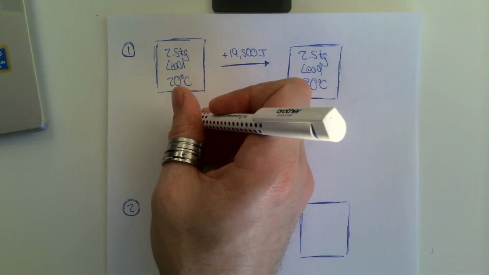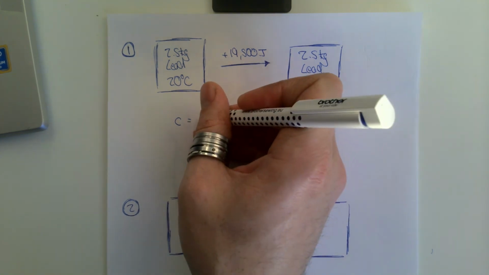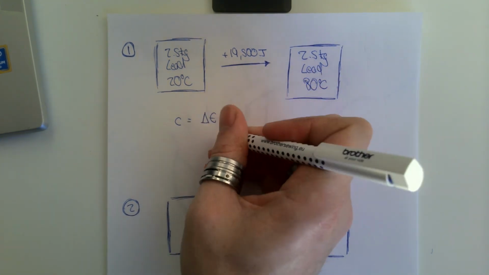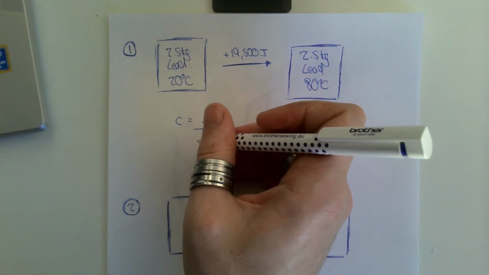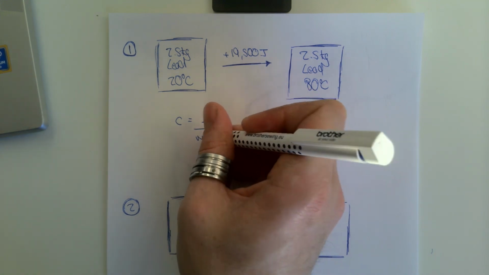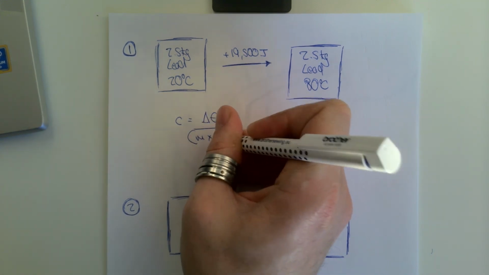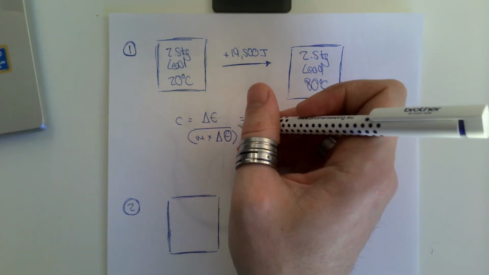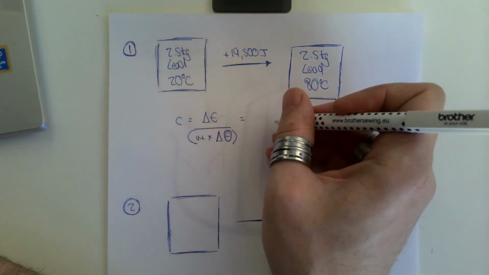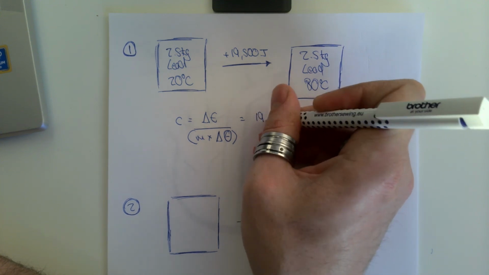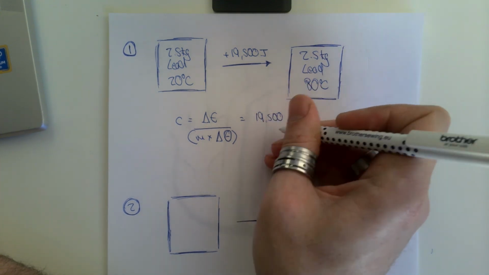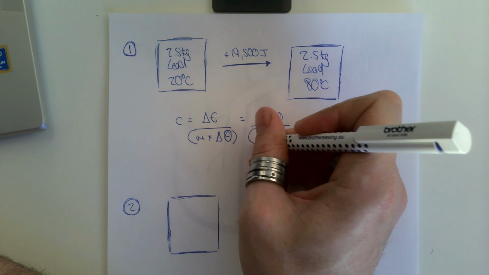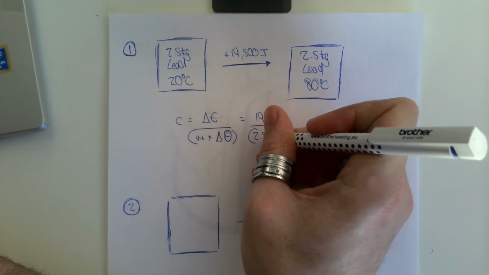We know that our energy transferred divided by mass times temperature change. So we know then that our energy transferred is our 19,500 joules. We know that our mass is 2.5 kilos.